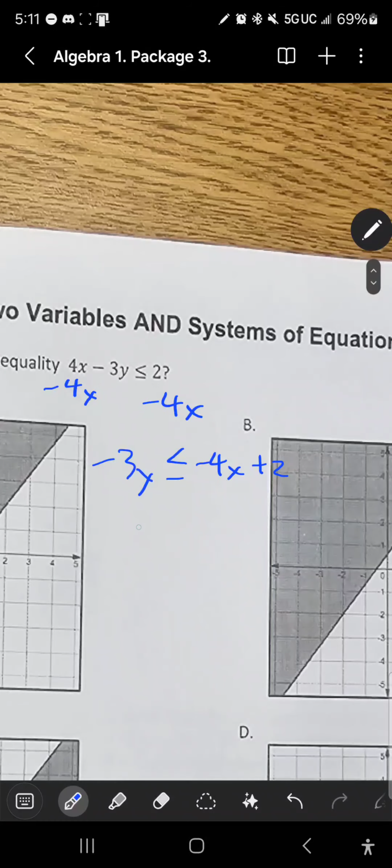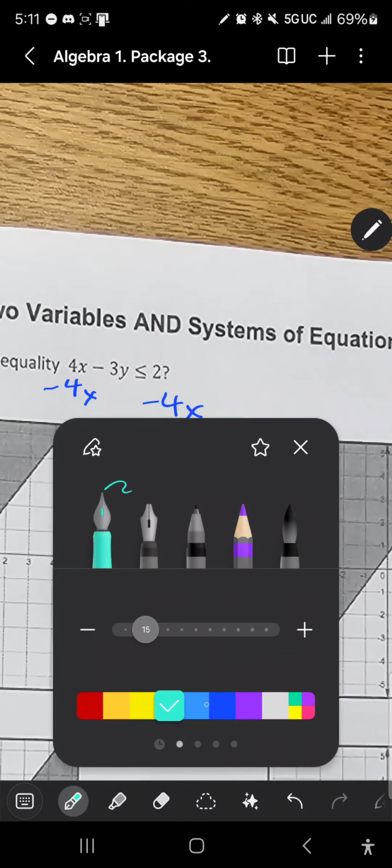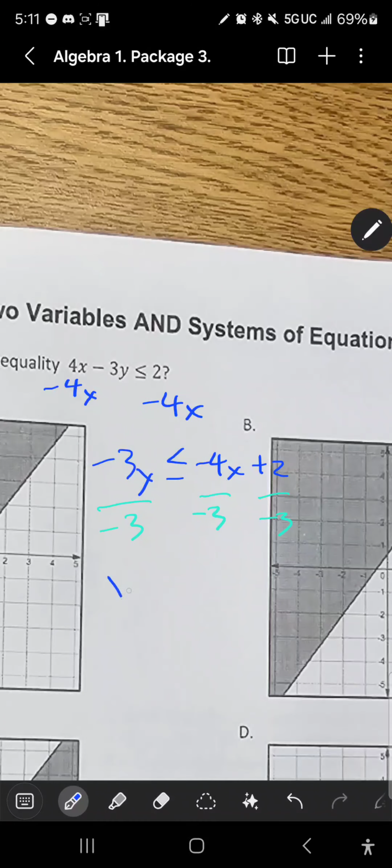And now I'm going to divide by negative 3. So I get y. Now, like I explained before, if we are dividing or multiplying by a negative number, we must reflect the sign.